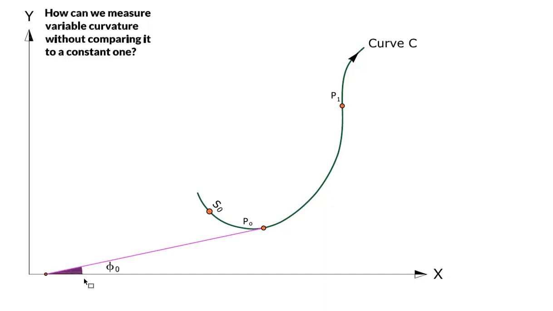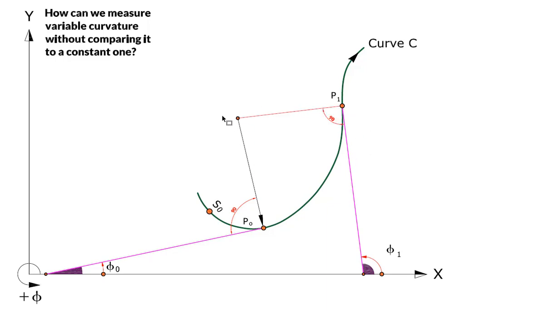Phi 0 is the angle of slope, and this angle is measured positive if it rotates from X to Y. From point P1, we are going to draw another tangent with angle of slope phi 1. From point P0, we are going to draw a perpendicular to the tangent, 90 degrees, and from point P1, we are going to draw another perpendicular to the tangent.